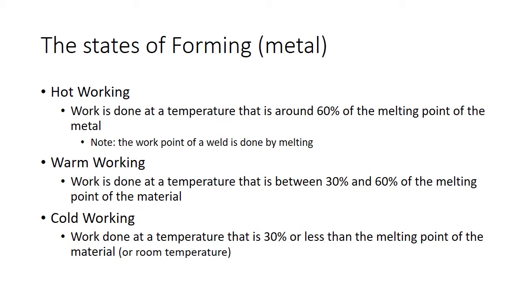But for the most part, there's something that magically happens to metals, particularly steel, when you're hot working it. Warm working is above room temperature, but not to that 60% melting point of the material. And cold working is room temperature. I'll talk about those two in the next presentation.